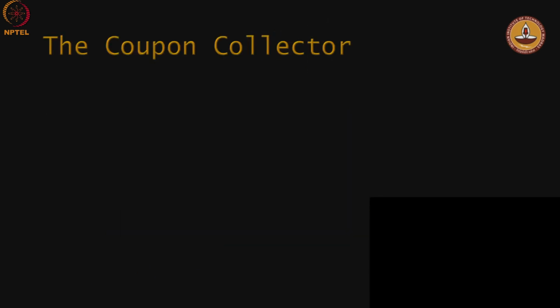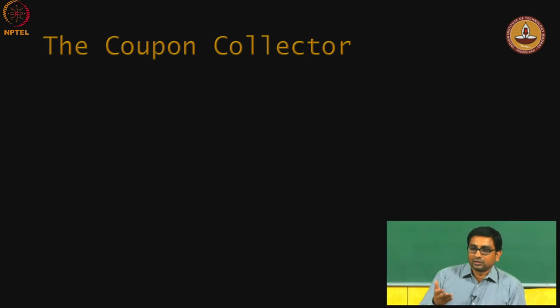So, now comes this very interesting problem, the coupon collector's problem. A fun way to think about it is this: let us say you are buying something in the store, and each time you buy you get a nice sticker.